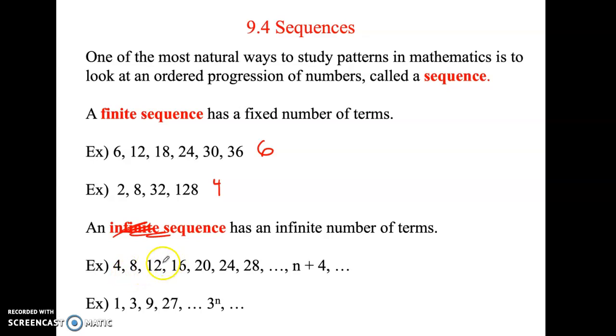So we could see that there's a pattern here adding by 4, but you keep going. Here's a variable and you keep going, dot, dot, dot means it keeps going to positive infinity. And same thing for what we'll call geometric. Another example is we're multiplying by 3 and it keeps going larger and larger. So we have finite sequences and infinite sequences that we're going to be working with.